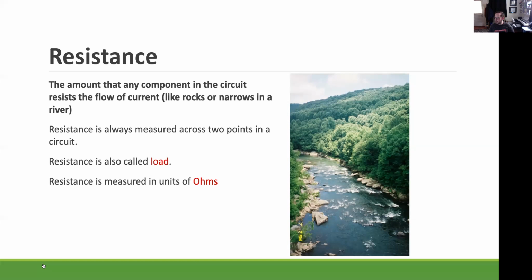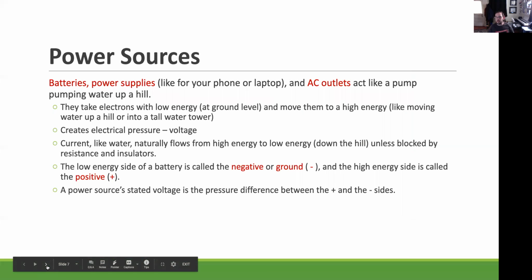That would essentially slow down the electricity to be within a certain range. We can call it the load, as you'll sometimes see it referred to, and that's measured in ohms.